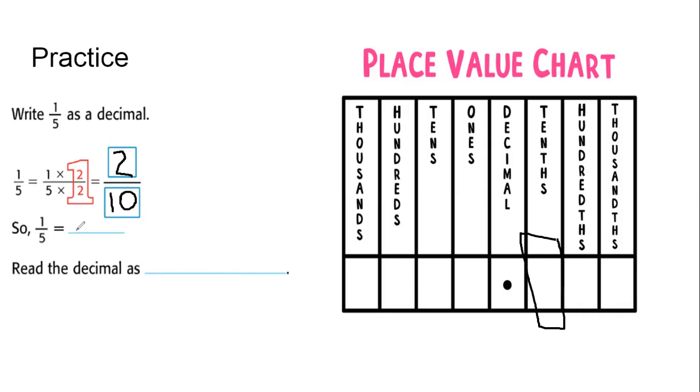So when I write it, it's either going to look like there's no whole number value, decimal 2, and I read it as 2 tenths, 2/10. And it also could just look like the decimal and the number 2. And so let's write it over here in our place value chart. 1/5 equals 2/10.